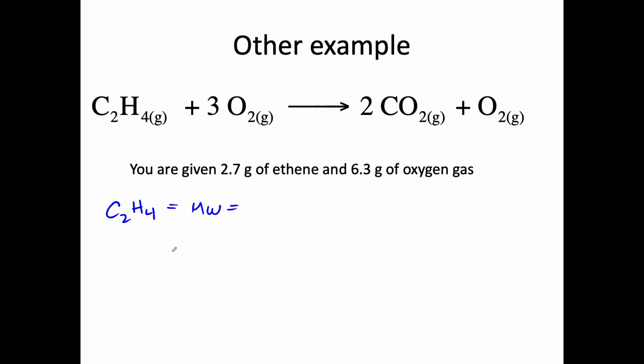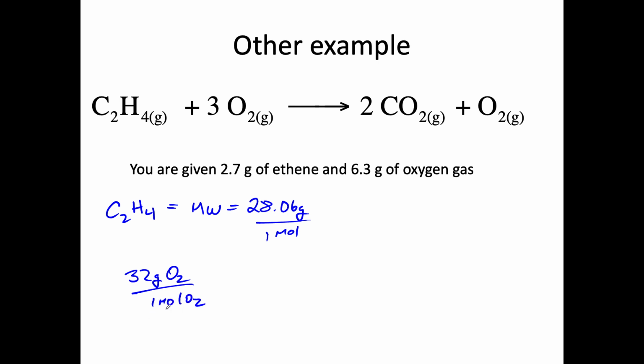So 12.01 times 2 plus 4 times 1.01. So we should have 28.06 grams per mole of ethene. And oxygen, 16 plus 16 is 32 grams per mole of O2.